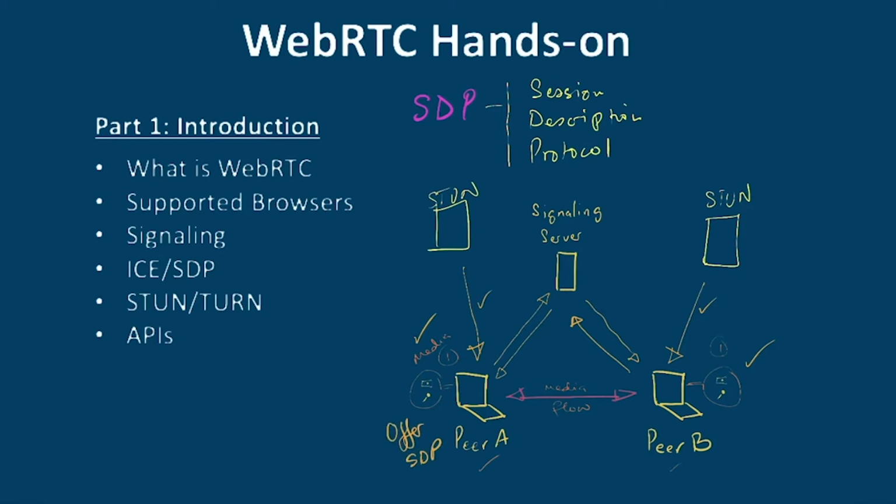We then send the offer SDP to peer B via the signaling server. Peer B will take the offer SDP and generate an answer SDP and send that to peer A. When the exchange is complete, an attempt to establish a direct secure connection will be made. Once that is successful, media will start to flow.